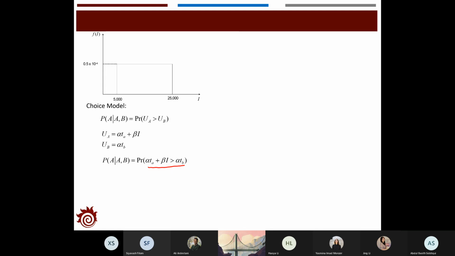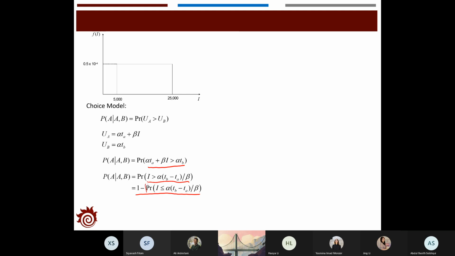With a little transformation, you get the probability that I is higher than alpha times TB minus TA divided by beta, which is 1 minus the probability of I smaller than that value.